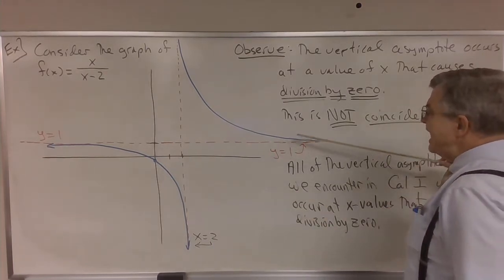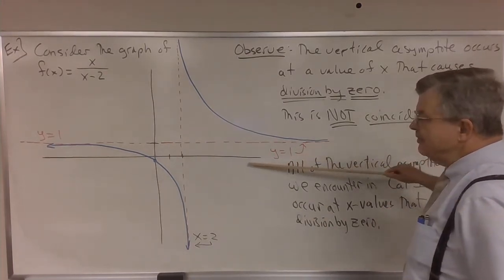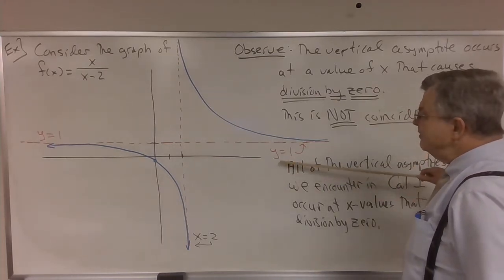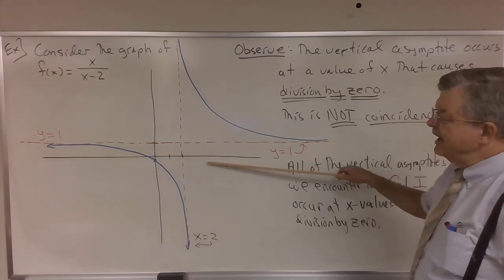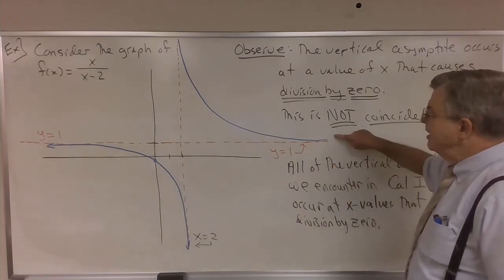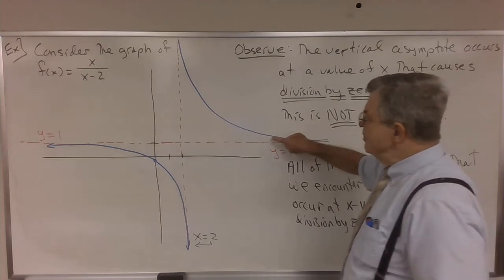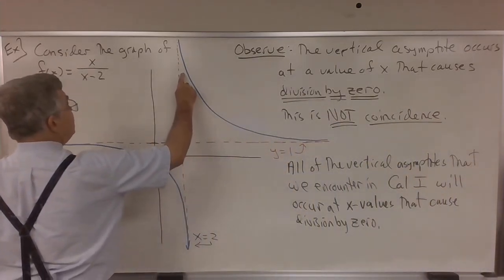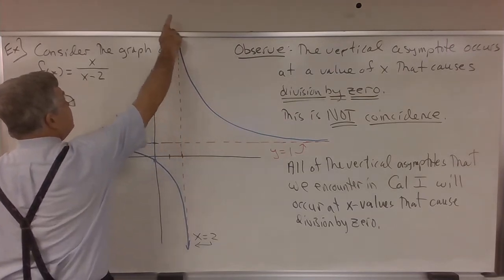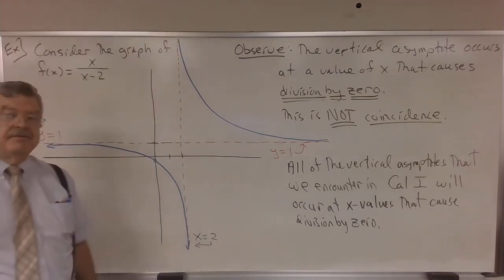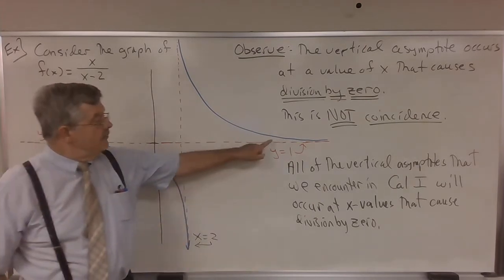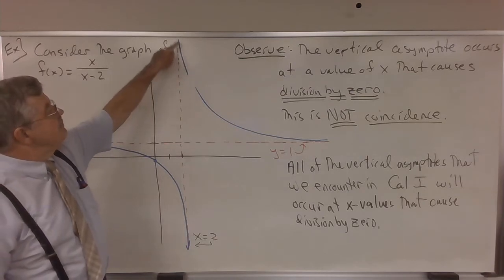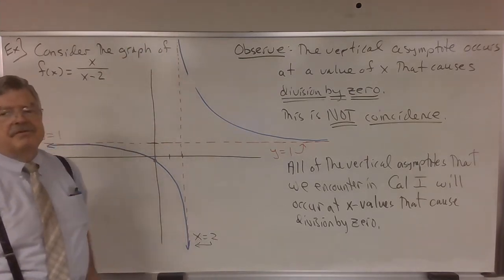Notice that as x approaches 2 from the right, and we move along the graph in such a way that x approaches 2 from the right, f of x goes to positive infinity, right? If we move along the graph in such a way that x approaches 2 from the right, f of x goes to infinity.